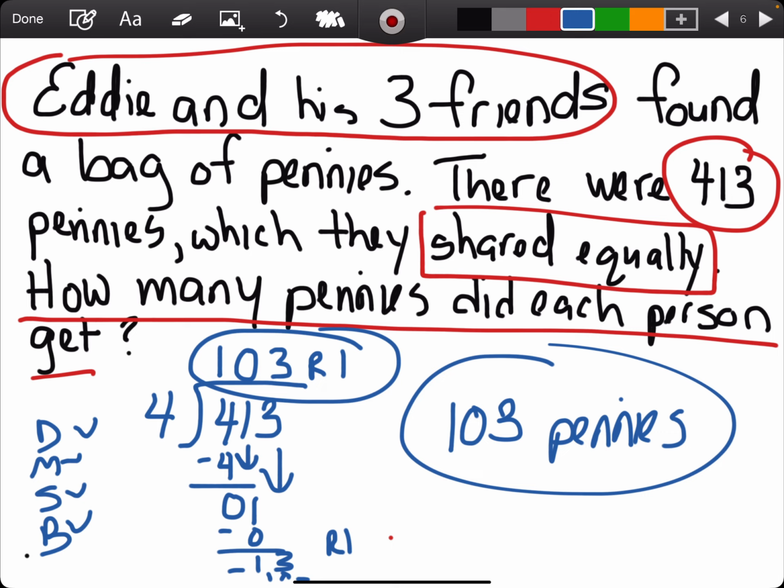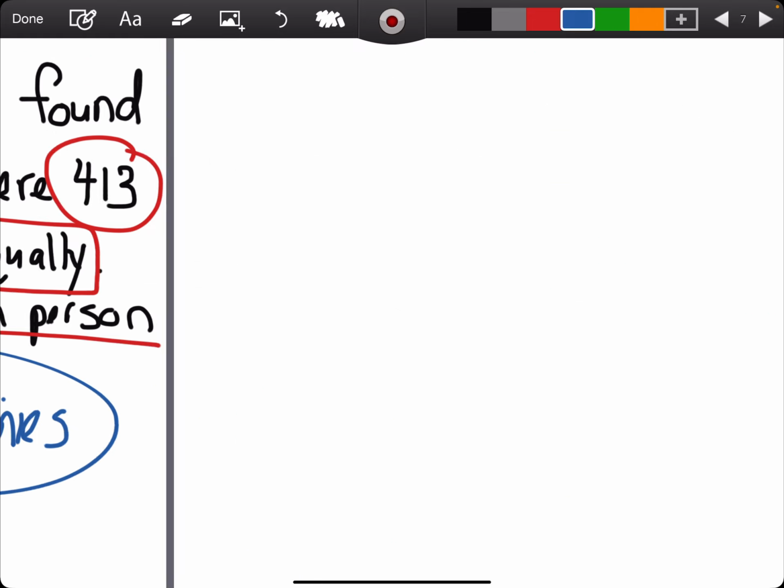Okay, so you will get some problems like this, all right? They may ask you how many pennies were left over. If this said how many pennies were left over, you would do the same steps, and you would say, I have a remainder of 1, so it's 1 penny left over. That would have been your answer.